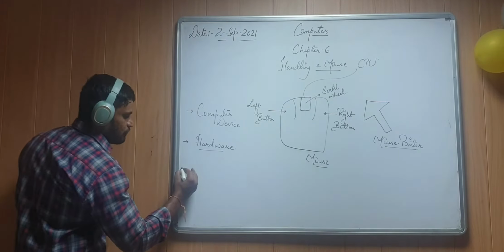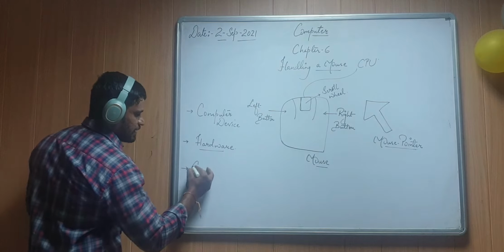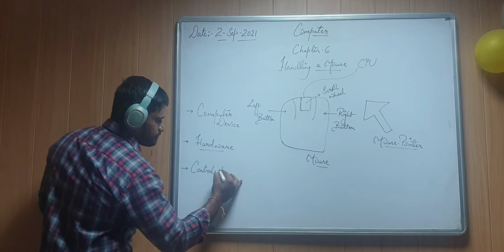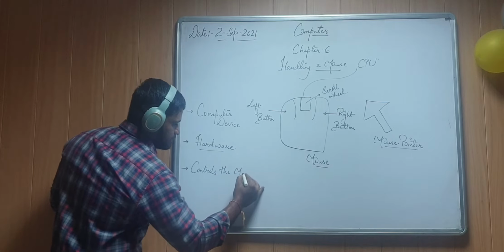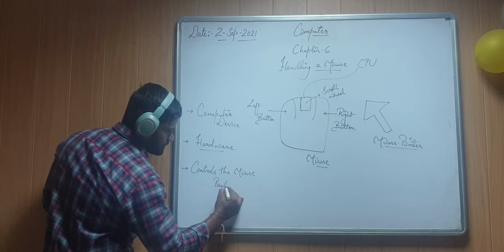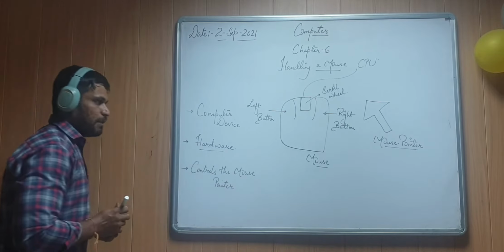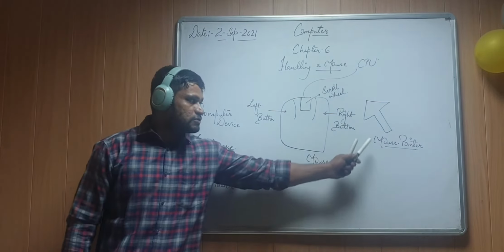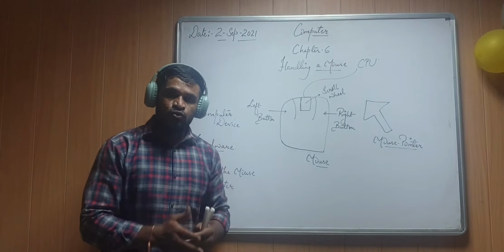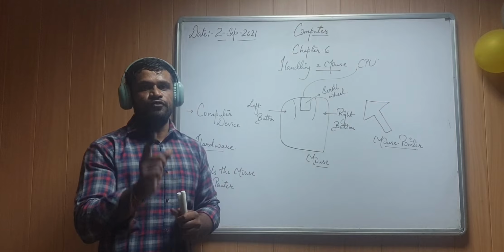And what is the function? What is the work of mouse? It controls the mouse pointer. Mouse is being used to control the mouse pointer on screen, and this mouse pointer, as I had drawn on the screen also, the arrow like sign, moves according to the movement of your mouse.